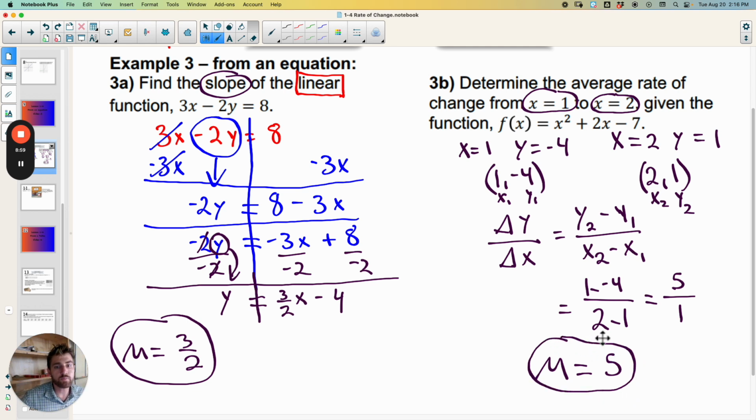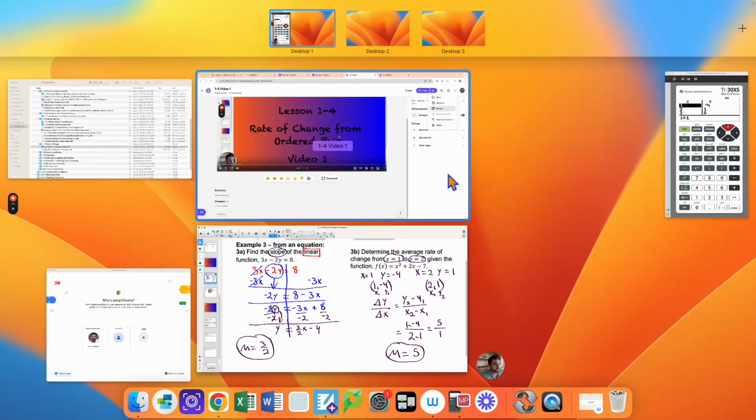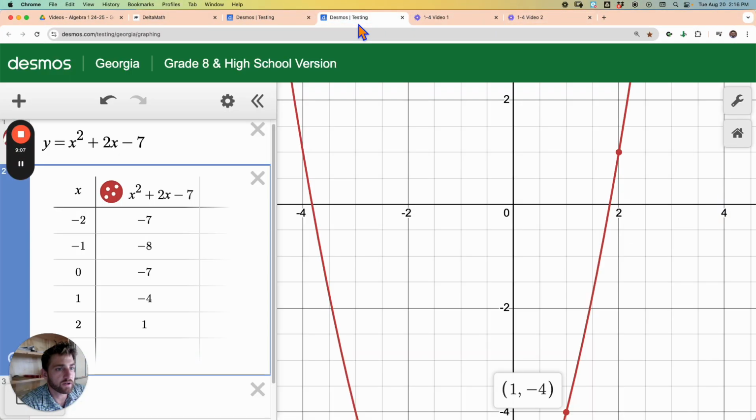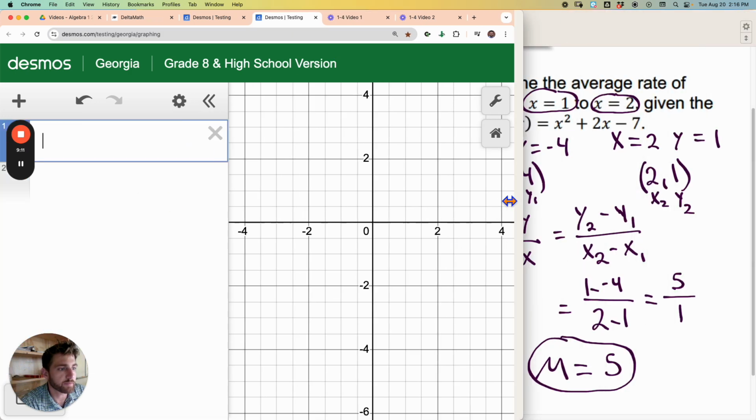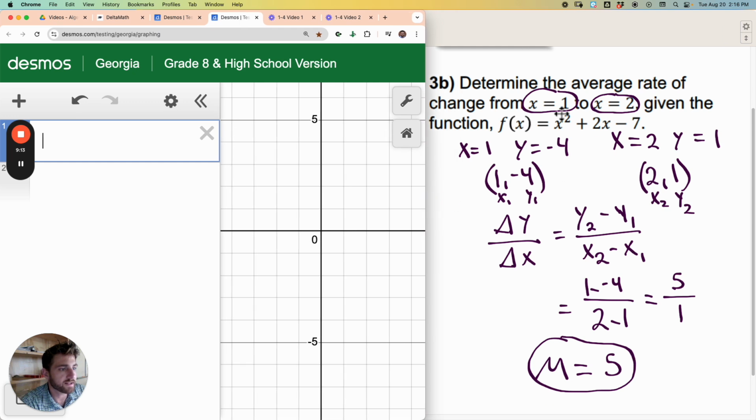Now there's one more way I want to show you, and that's using Desmos. So we're going to go over to the graphing calculator of Desmos, which looks like this, and I'm going to plug my equation in the way that I see it right here. Remember, you can access this by going to Google Classroom. This needs to be the testing version of Desmos, and we're going to plug this in the way we see it.